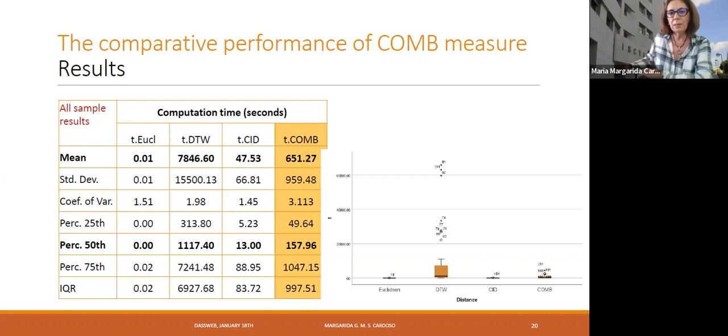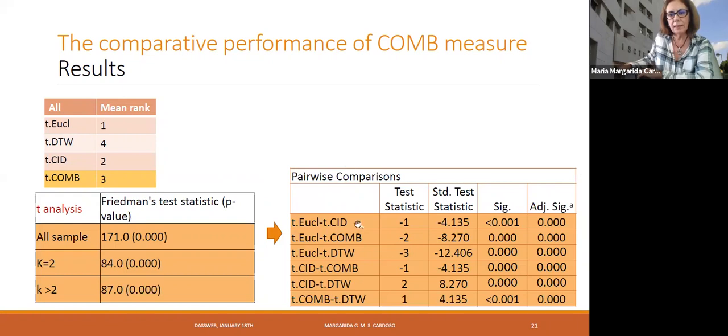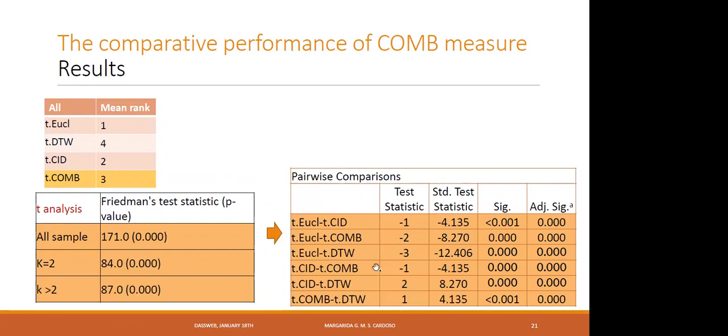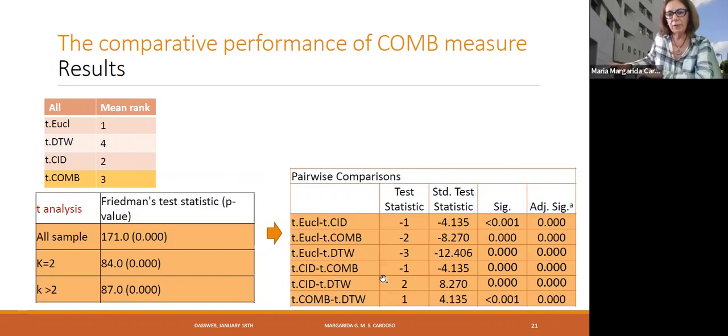So it is the second best in what regards the performance, the second worst in what regards the time of computation, but it has a significant difference between the time of computation of the DTW and of the proposed distance. And it was very apparent in the previous slide how much more time we need to compute this DTW when compared to all other distances.